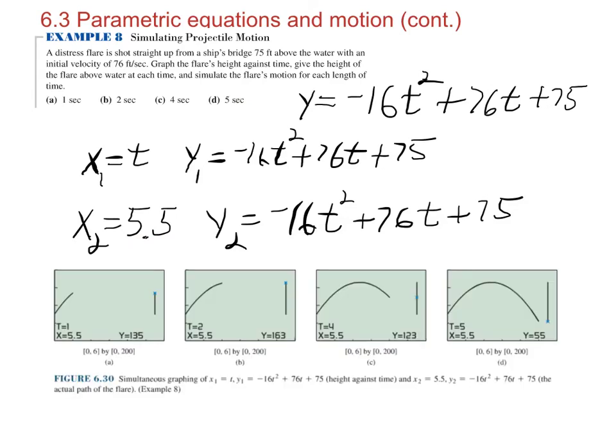So this being 5.5 means graphically it'll appear after the graph. Okay, so now I've added the graphs, and you can see that here is when t equals 1, and we've got the projectile going up, the flare going up, and this also just shows us where an x is not changing.